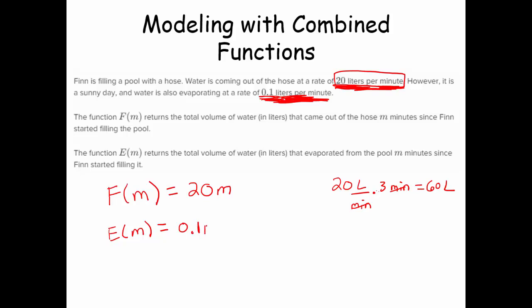I multiply that by the number of minutes, and I'm going to get how much water has evaporated. So there are my two functions, f of m representing the total water that Finn has put in the pool from the hose after m minutes, and E of m, the total amount that's evaporated from the pool after m minutes.